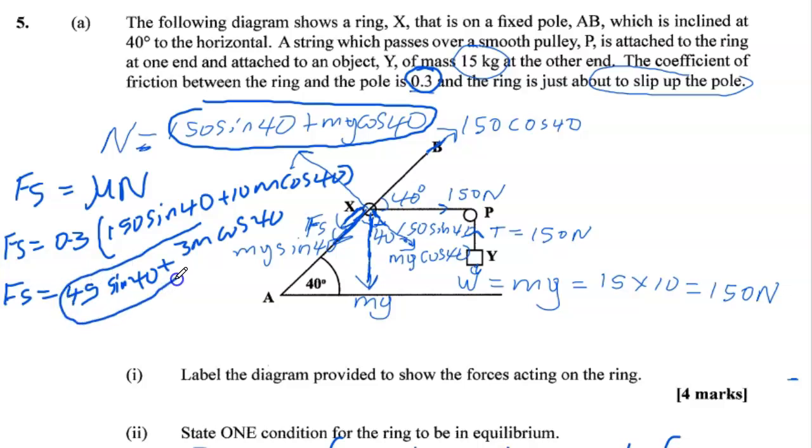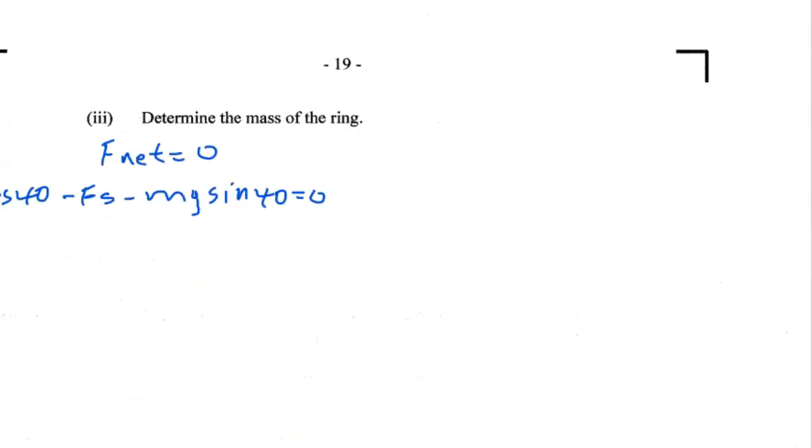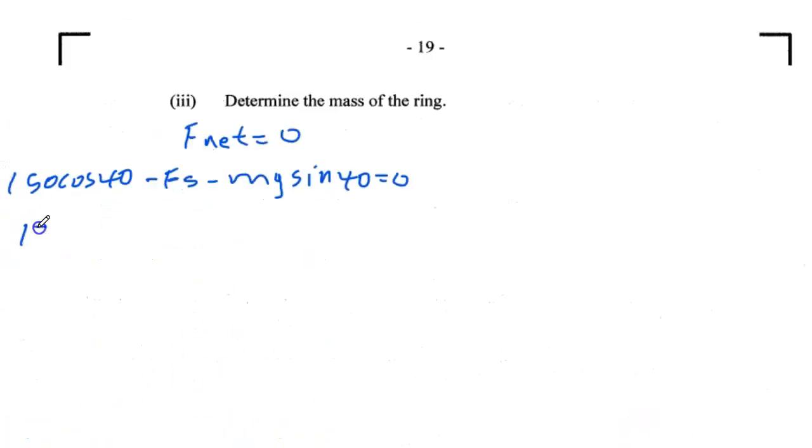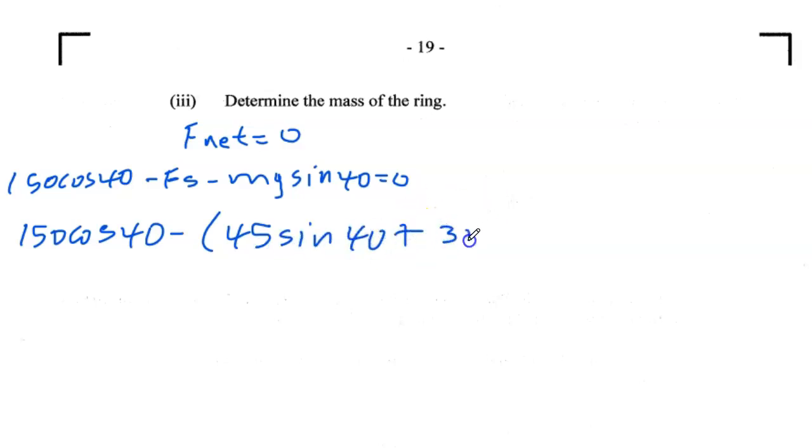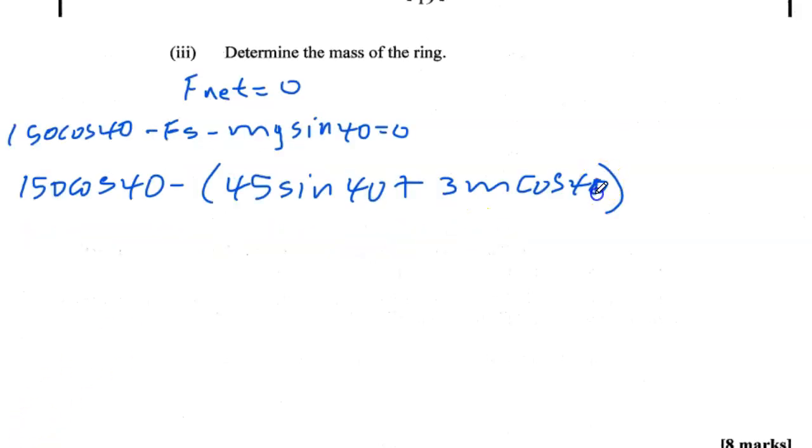45 sine 40 plus 3m cos 40. So we can plug that into the equation down here: 45 sine 40 plus 3m cos 40. So friction there in the bracket, minus mg sine 40, equal to 0.